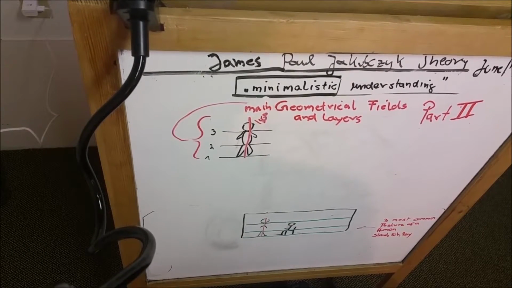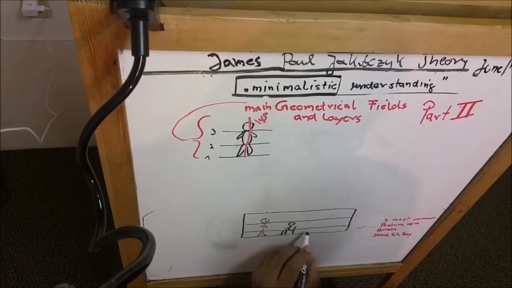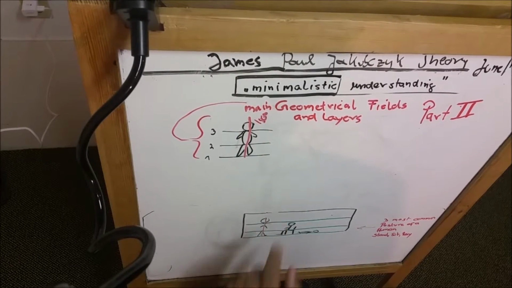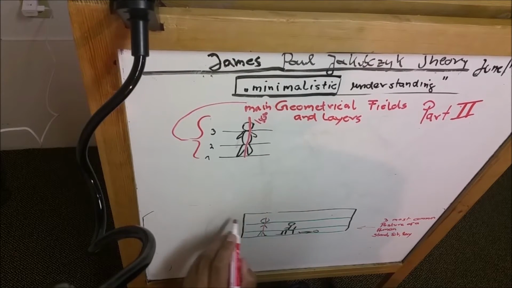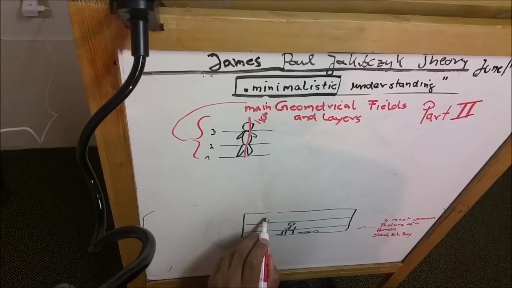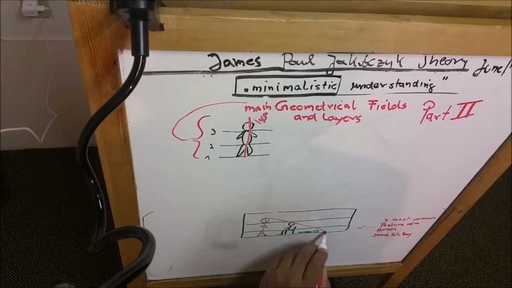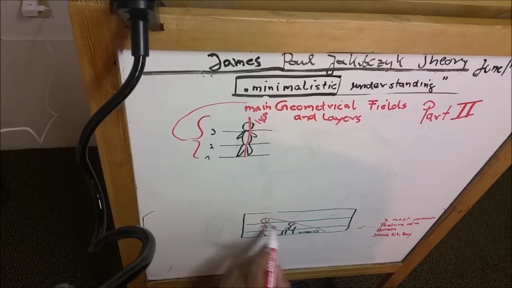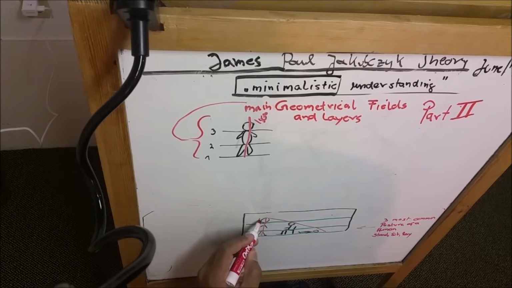So let me make the third person right here. He's laying down. Anyway, what you also recognize is if we put down a diagonal, you see that we can actually form a triangle, right?